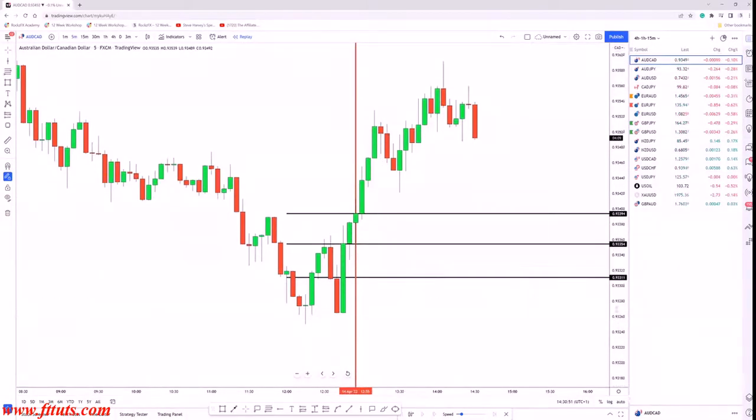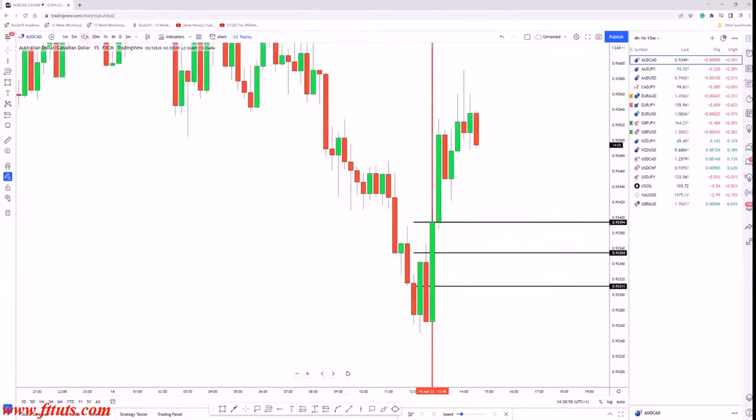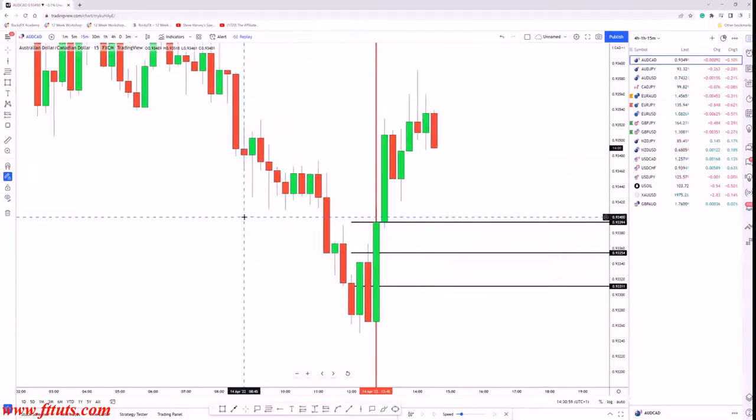Go to the 50 minute chart. The last green candle, let's say this candle. Currently on this candle, Aussie was weakened. So we see this green candle. Can we still take a buy?